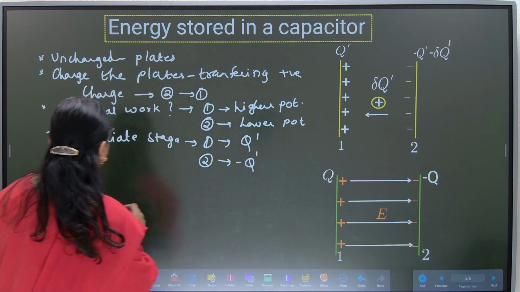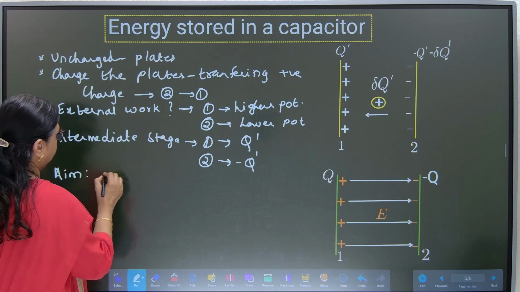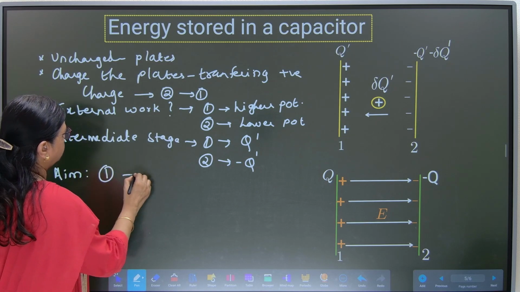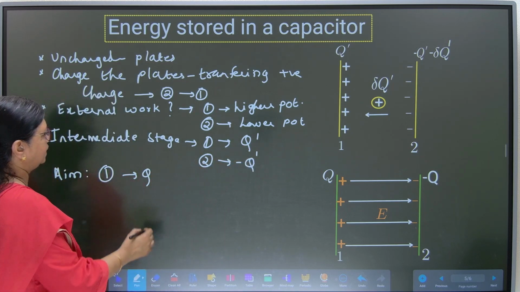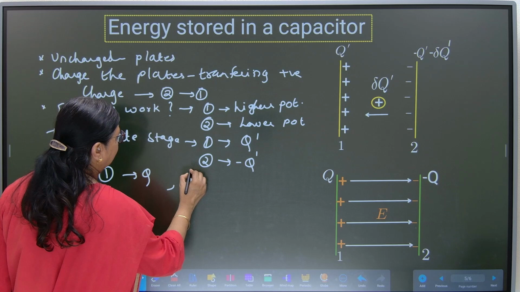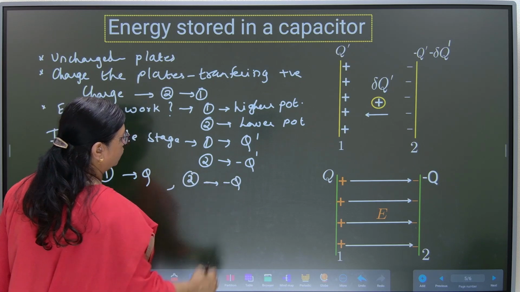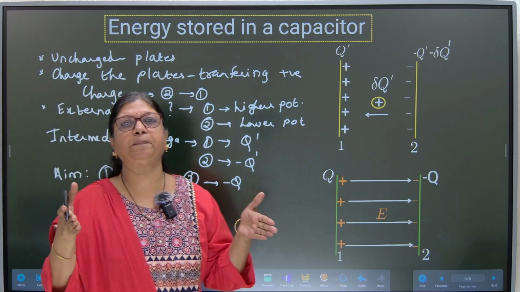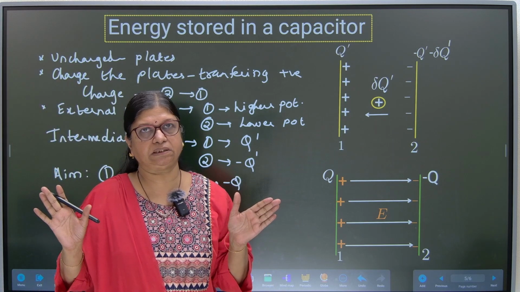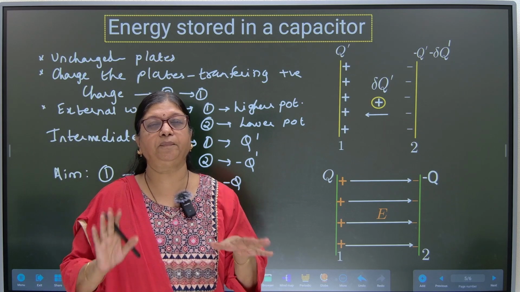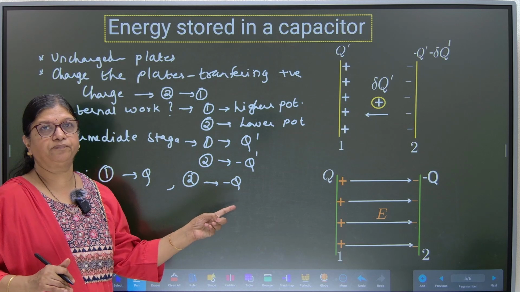Our aim is to set up a charge of Q on the plate 1 and a charge of negative Q on the plate 2 such that we form a parallel plate capacitor with opposite charge plates. Fine. This is our aim. So we are on our way to finish this aim.